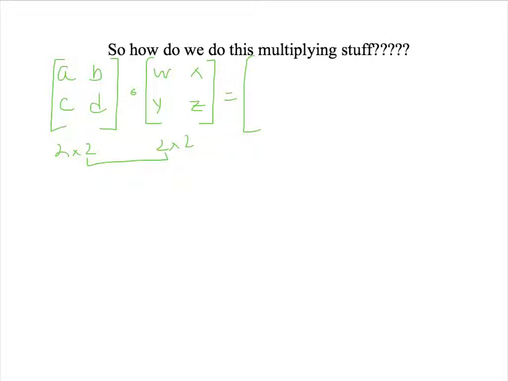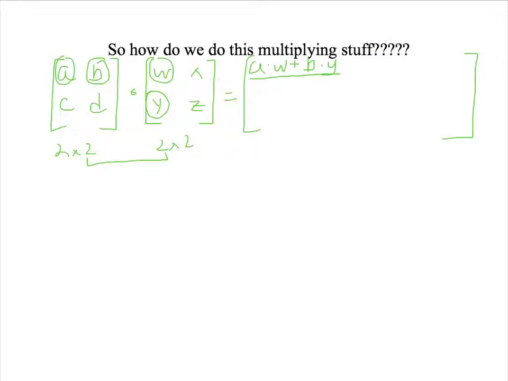For my first element, what I am going to do is I'm going to multiply this element and this together. So A, W, and then I'm going to multiply B, Y together. And I am going to add those two products. So that's element 1.